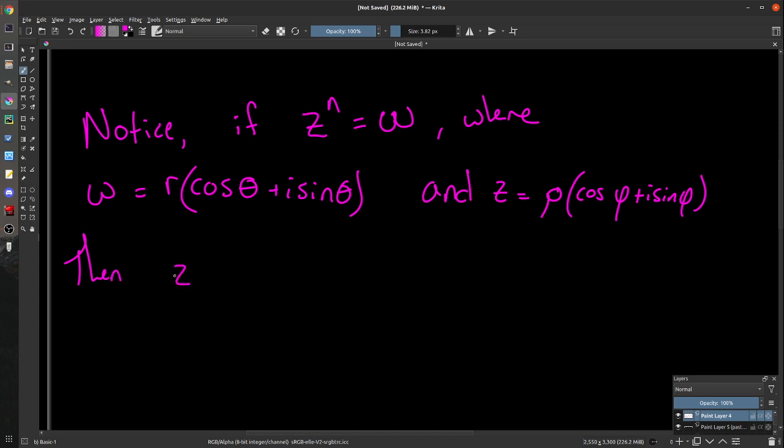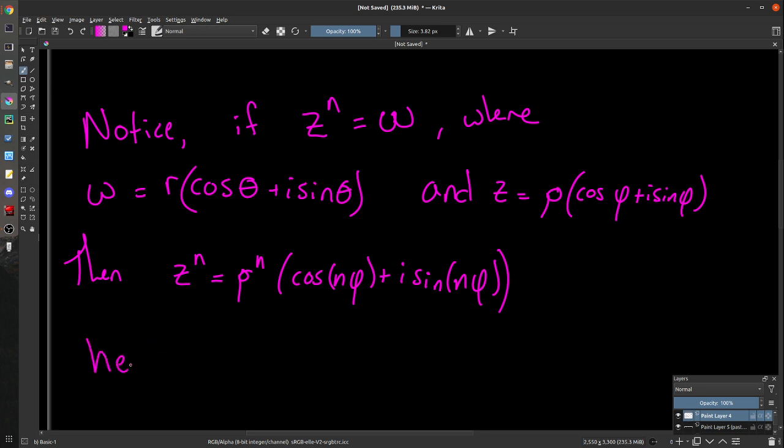Then z to the n, by the formula we had before, will be rho to the n times cosine n phi plus i sine n phi. So that's from de Moivre's formula. And what we have to have now is the following. Hence, we have to have rho to the n equal to r, and n phi we'll have to have equal to theta.